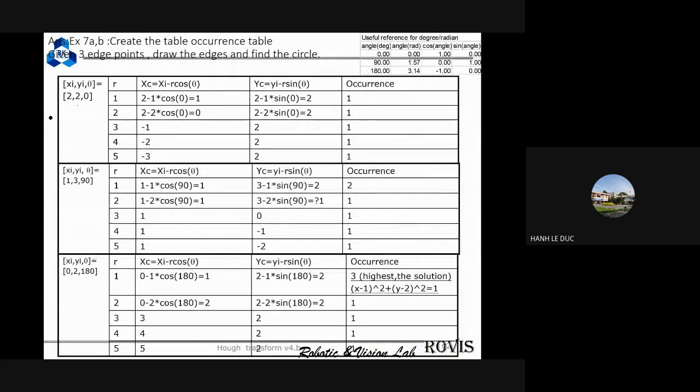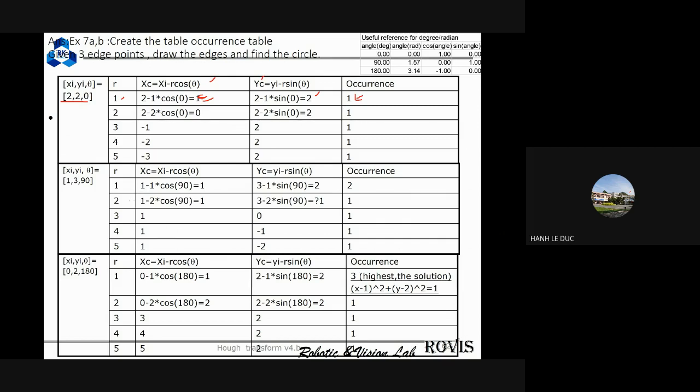Okay, so here, the first is this one, and we have the number here. And this one is xc equal to 2, and this is equal to 1, right? So it appears one time.